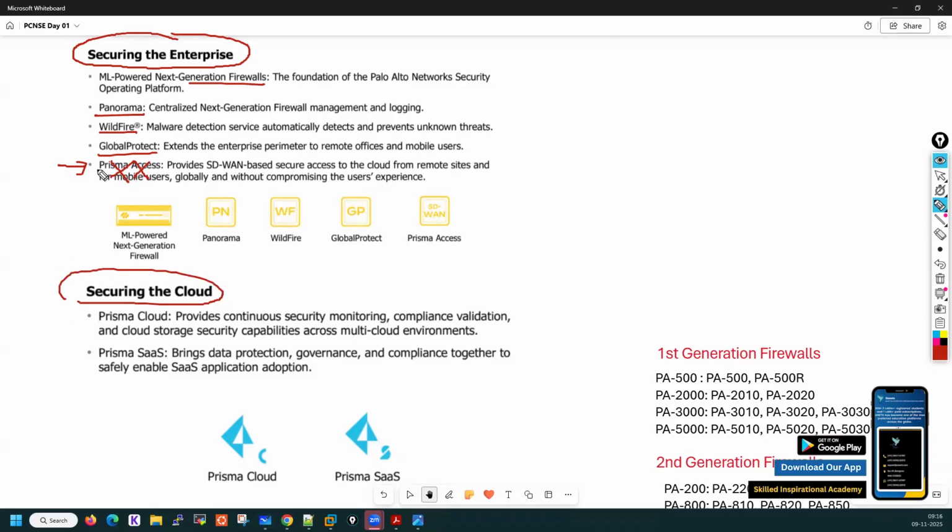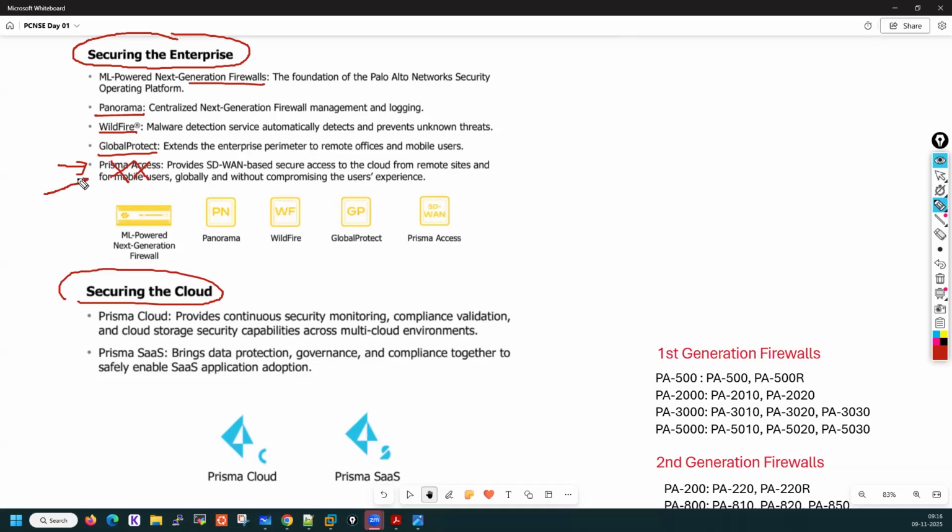But nowadays, what we are able to do with Prisma Access, because you know the SD-WAN solution. Nowadays, we are deploying SD-WAN routers into the branches. And whatever SD-WAN solutions are created by different vendors, they are keeping 60% security component on those devices and 40% networking component.